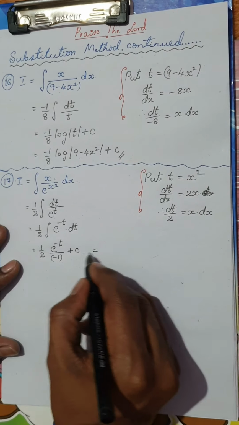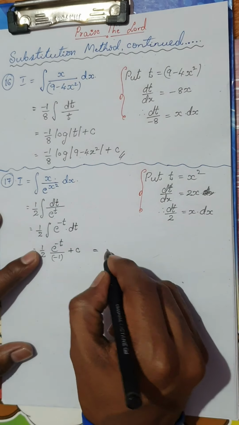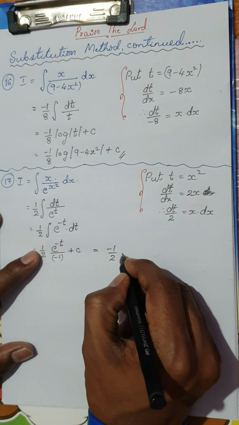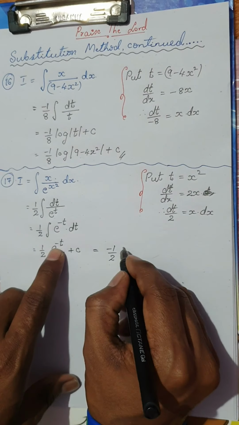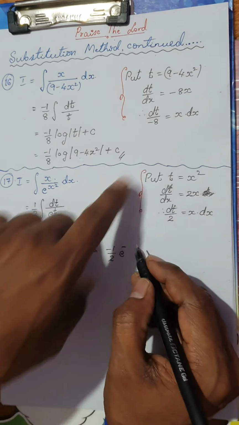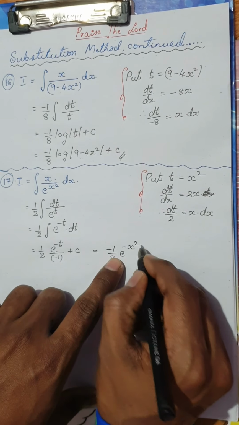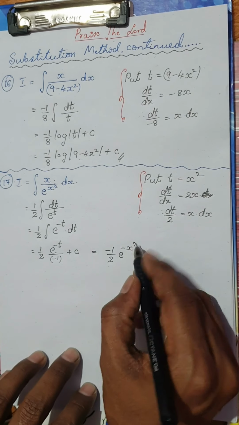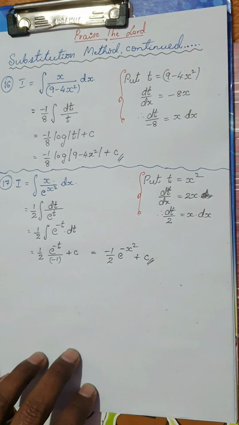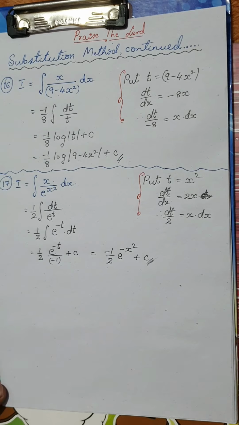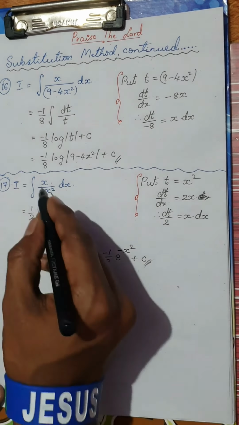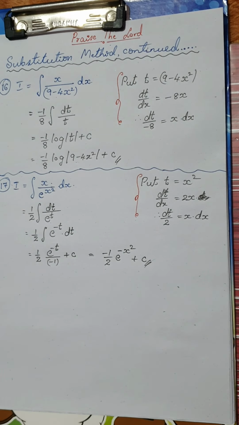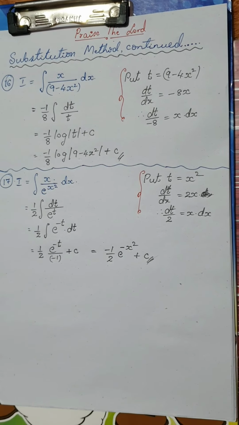So the final result, just multiplying by half here, is minus half into e power minus, substituting back for t, e power of minus x square plus c, which is the constant of integration, and that would be the final result of the above integral. Okay, very simple results these are. Only thing is, if you practice this, you can easily do these sums.